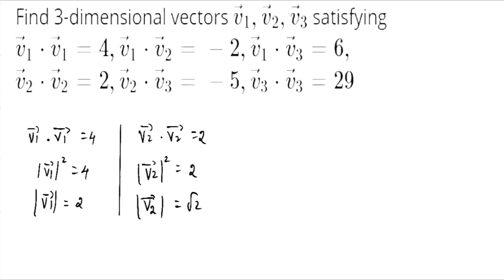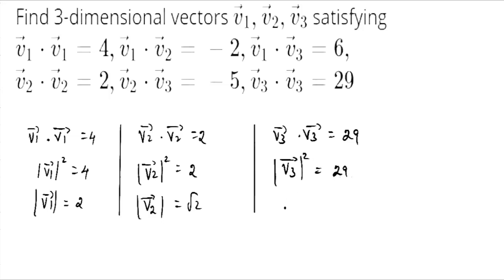And then the last, v3. v3·v3 = 29, so the magnitude of v3 squared equals 29, therefore the magnitude of v3 equals root 29.